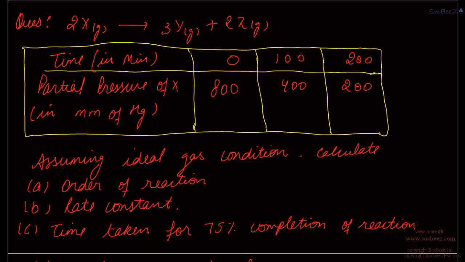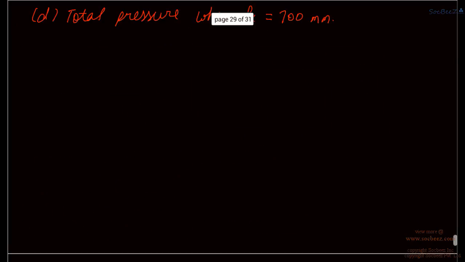At time 100 minutes, partial pressure of x is 400 millimeter of Hg, and at 200 minutes, the partial pressure of x is 200 millimeter of Hg. Now assuming ideal gas condition, calculate order of reaction, rate constant, time taken for 75% completion of reaction, and total pressure when Px equals 700 millimeter.